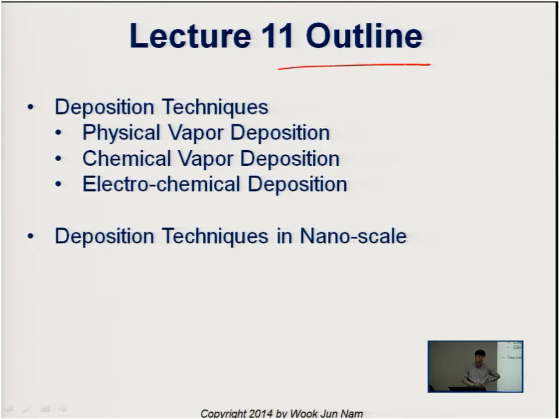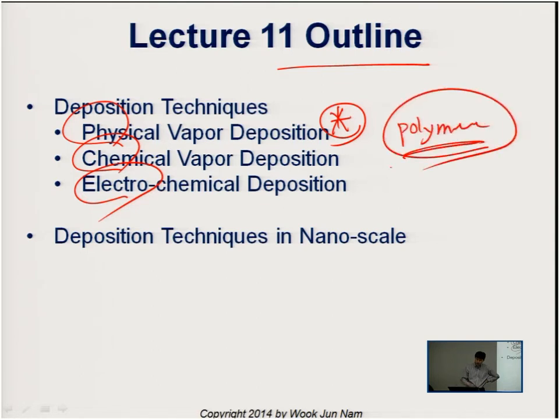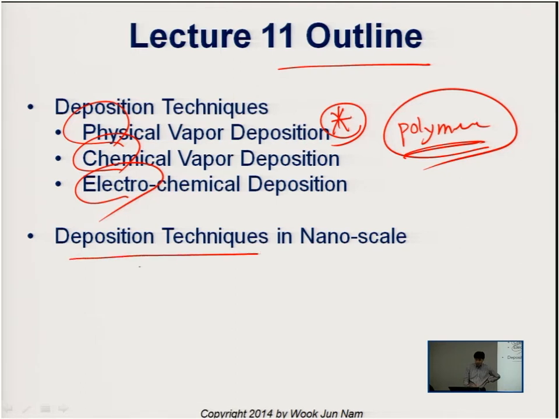We talked about the deposition techniques used for inorganic material deposition, like physical vapor deposition, chemical vapor deposition, and electrochemical deposition. Actually, physical vapor deposition techniques can also be used for polymer layer deposition. And we also talked about the deposition techniques used in nanotechnology.